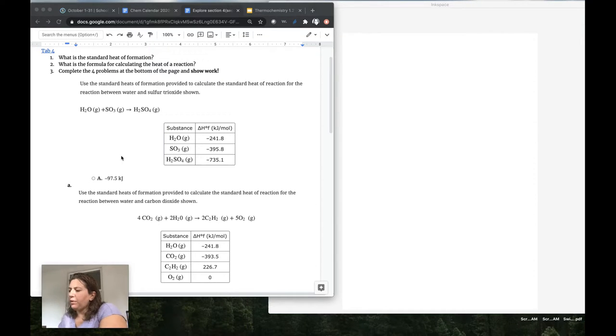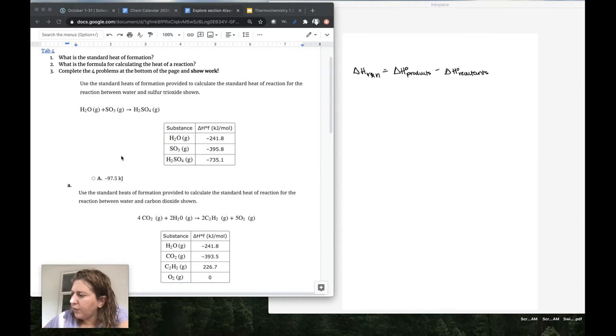The formula is based off of Hess's law: delta H of the reaction, which we abbreviate RXN, is equal to delta H of formation, the standard heat of formation I was just talking about, with a little zero superscript, of the products minus the standard heat of formation of the reactants.